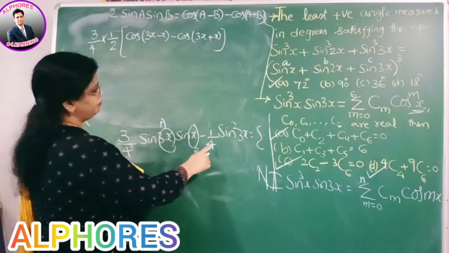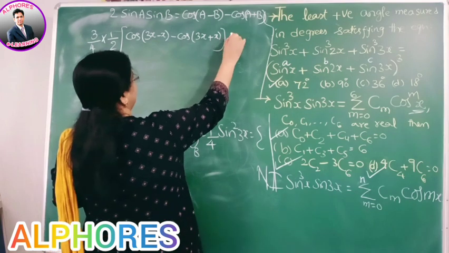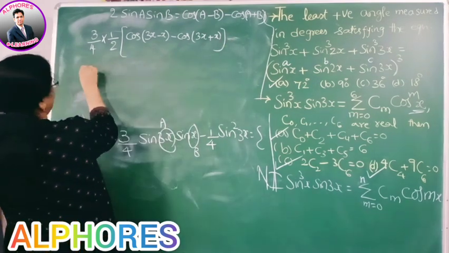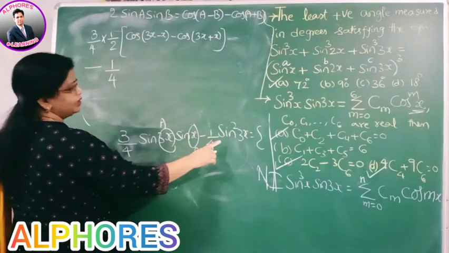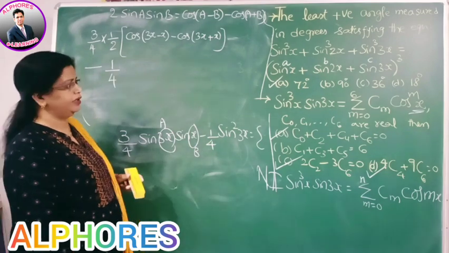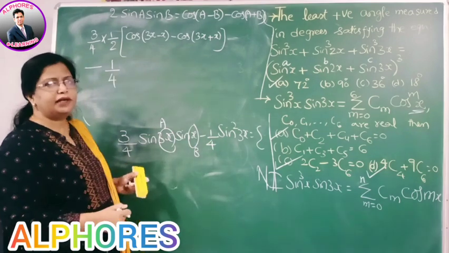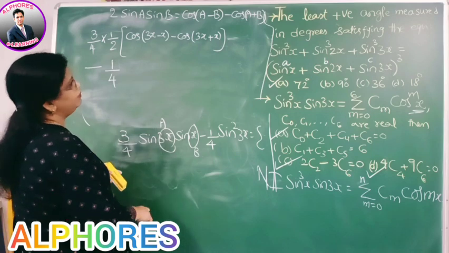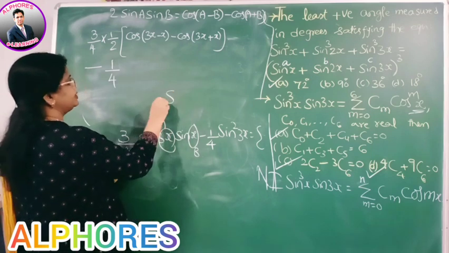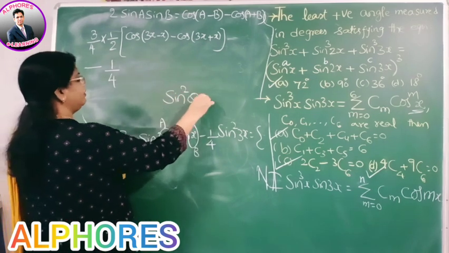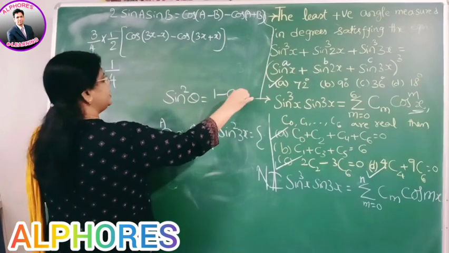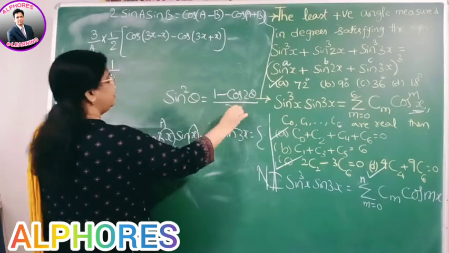And later minus 1 by 4. Again you want this term also in terms of what actually? Cosine value. Understand? To get cosine value, what is the other formula you can use here? Sin square theta equal to 1 minus cos 2 theta divided by 2.